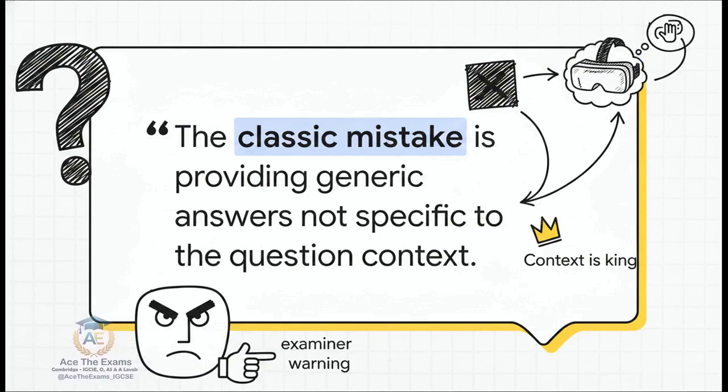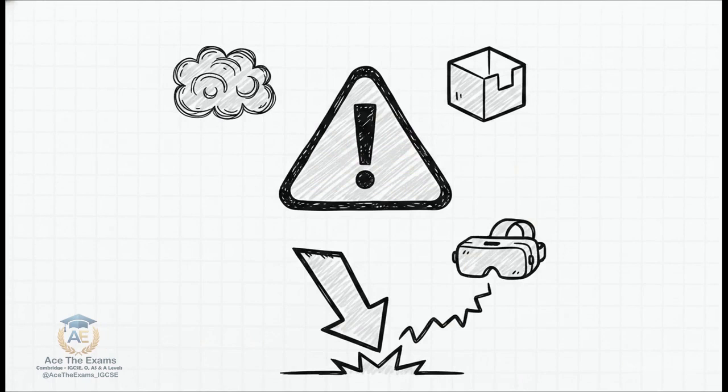Context is everything. Breaking this down even further, here are the top 3 explicit examiner warnings that show up year after year after year. First bullet, answers are just too vague. As we saw with Sam, examiners demand specific technical details. You must use the vocabulary of the subject. Second bullet, students consistently, almost predictably, forget to check boundary conditions and edge cases when evaluating algorithm quality.